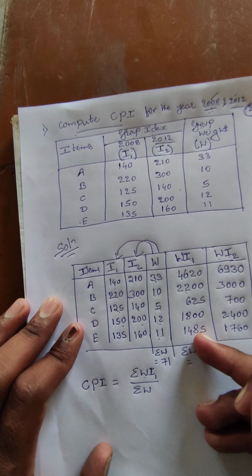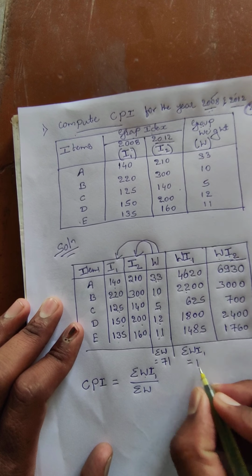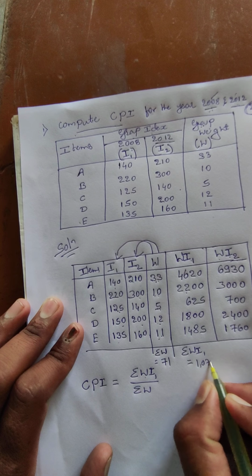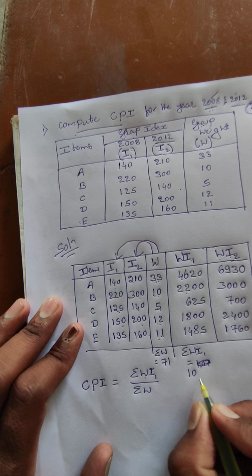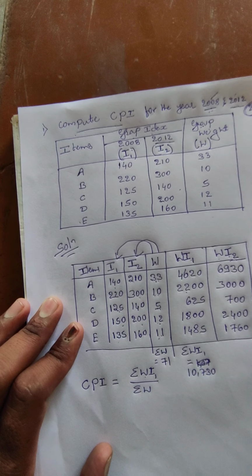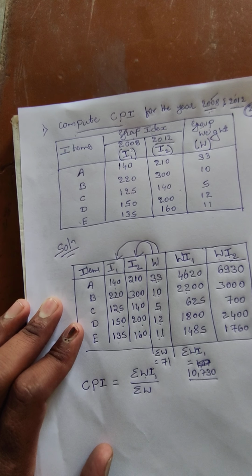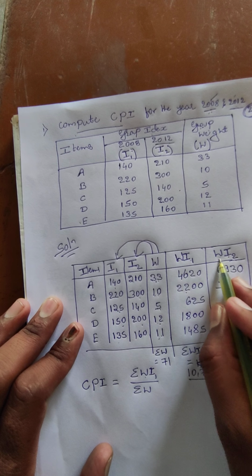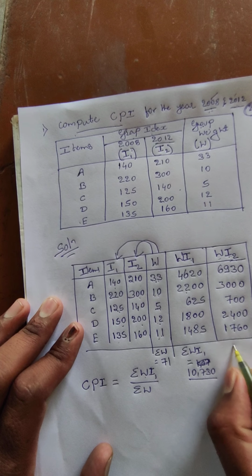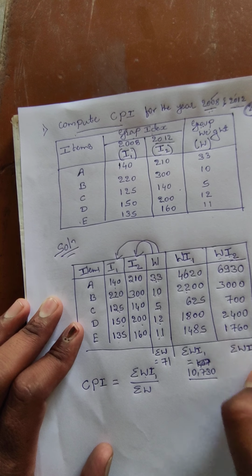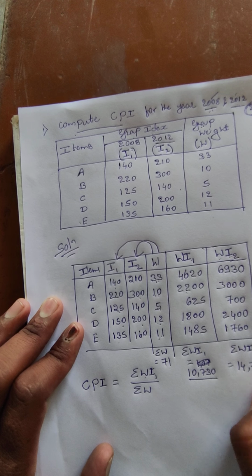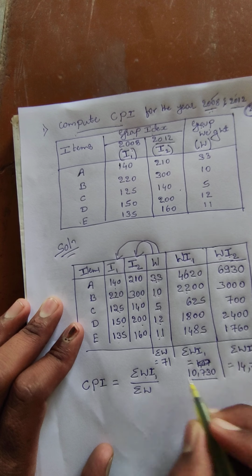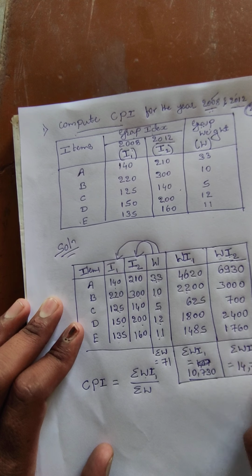If you total these values, we get 10,730. Next we make a total of WI2, the summation of WI2. If you total this, we get 14,790.